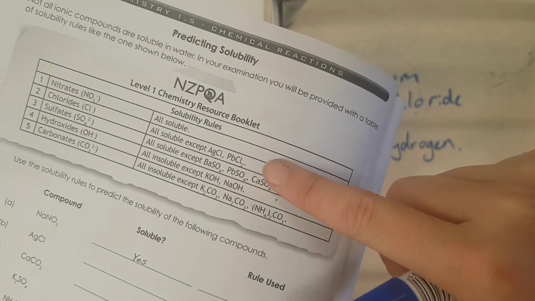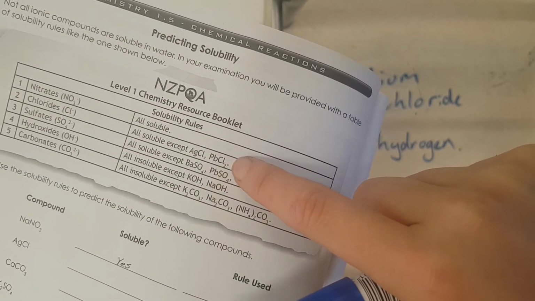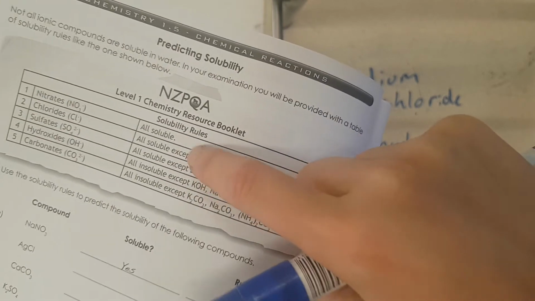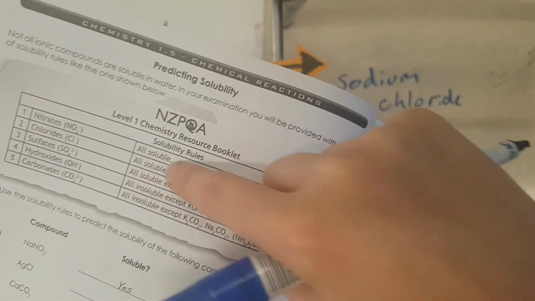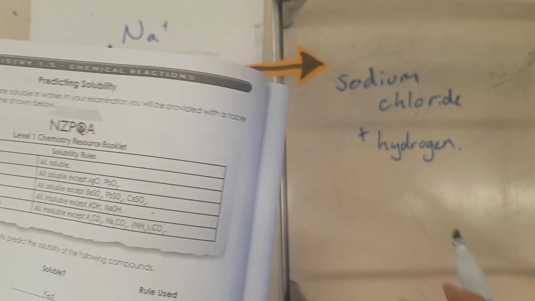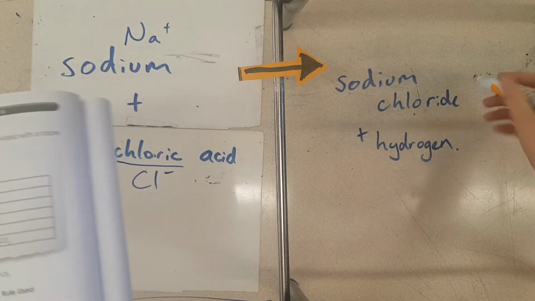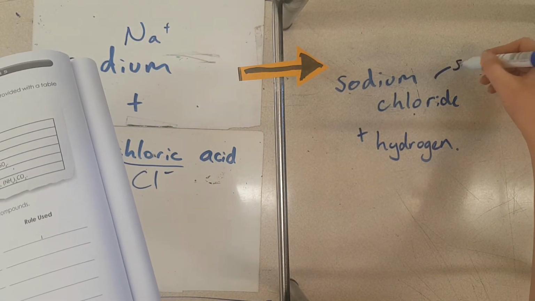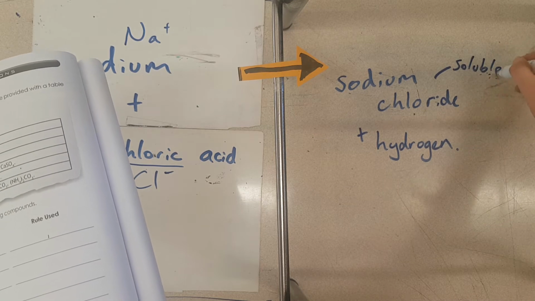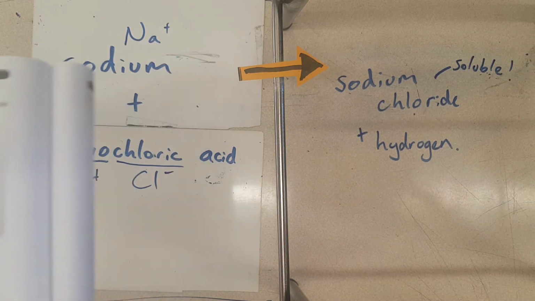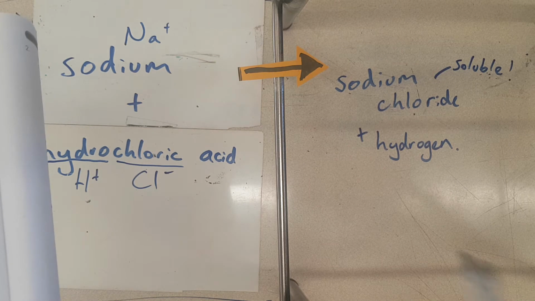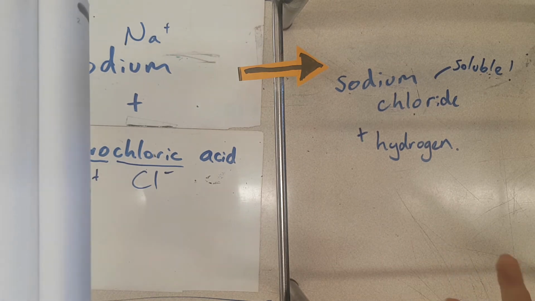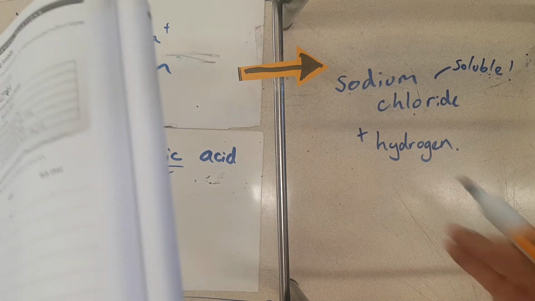All soluble except for AgCl and PbCl. Well, it's neither one of those, so it has to be soluble. And soluble means can dissolve. So, sodium chloride, soluble. And if we were going to write it in the equation, we could put a little AQ next to it because it's aqueous, able to dissolve.